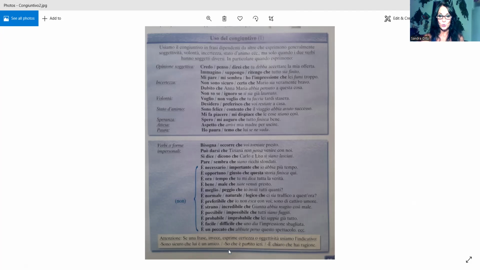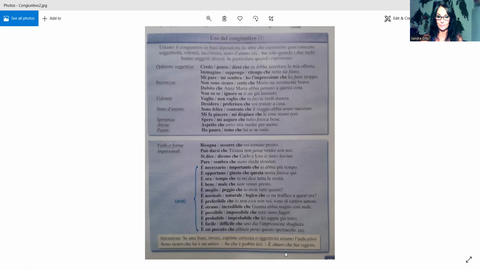Another example, so che è partito ieri. I know that he left yesterday, which is the opposite, in fact, of non so. Obviously, I don't know. It means I have no information, no facts, no evidence. È chiaro che hai ragione. So this is an impersonal expression like this one.